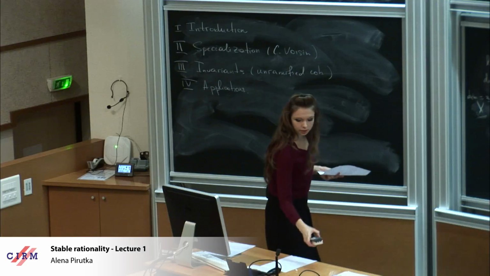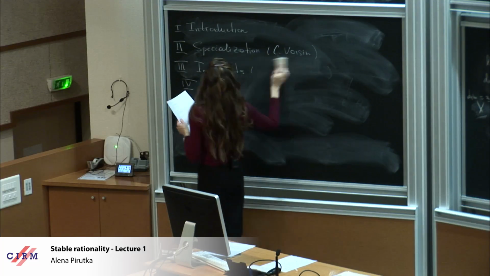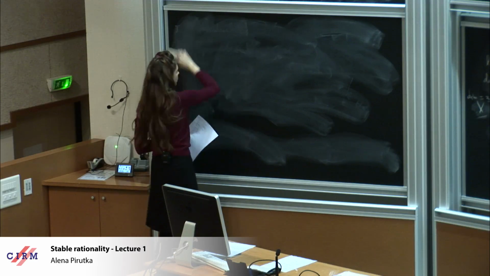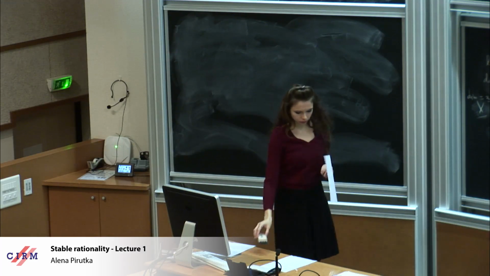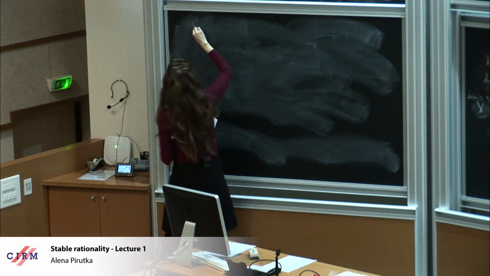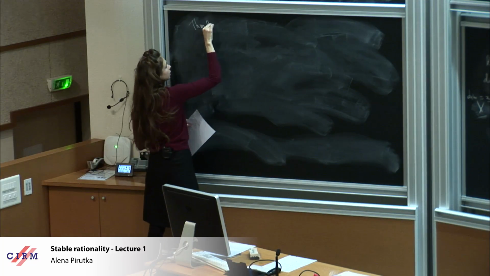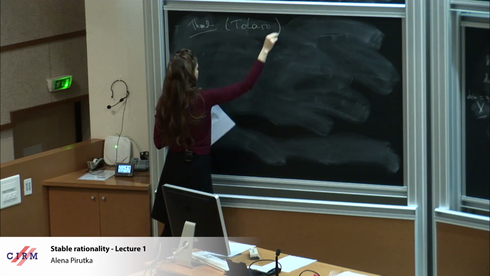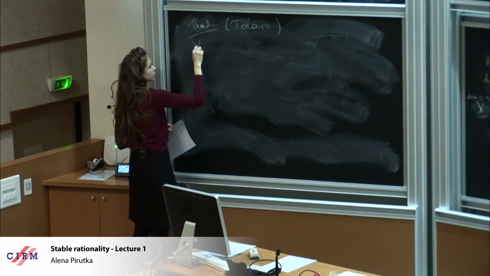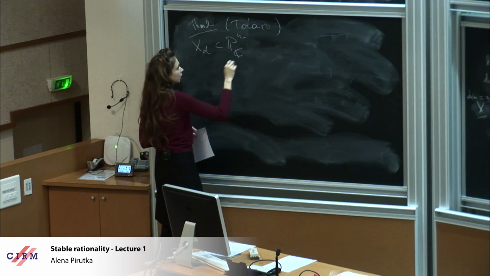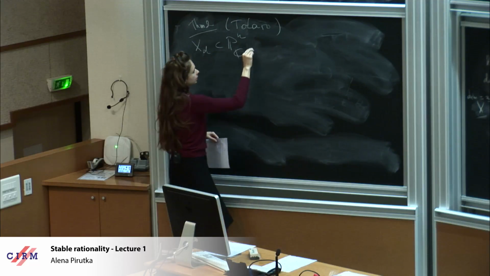So there are more results on hypersurfaces due to Totaro of the same spirit. Some very general ones are not going to be stably rational. Well, consider hypersurfaces with the following conditions.